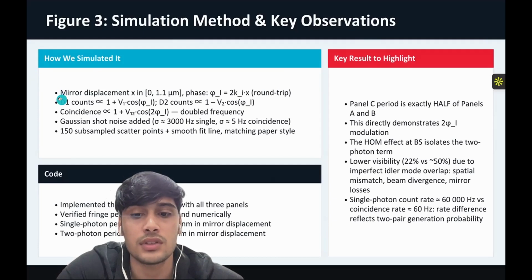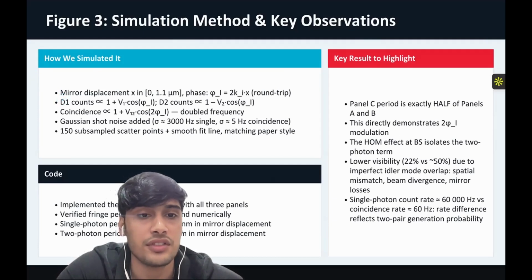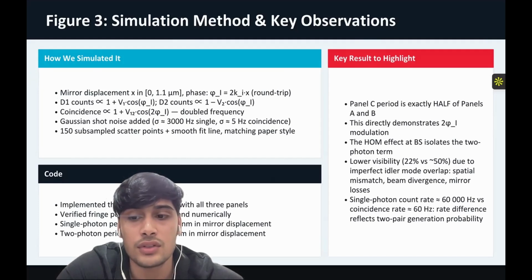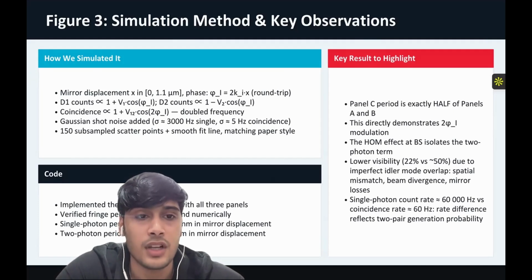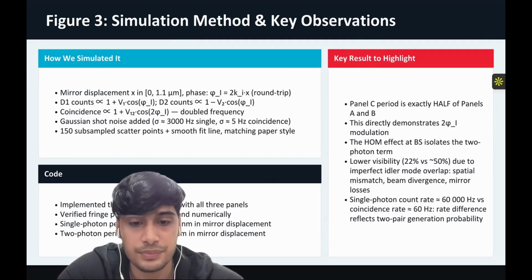For the photon counts, D1 follows 1 plus V1 times cos phi I, and D2 follows 1 minus V2 times cos phi I. These are complementary, as we expected. For the coincidence, it's 1 plus V12 times cos 2 phi I, where the argument of the cosine is doubled.